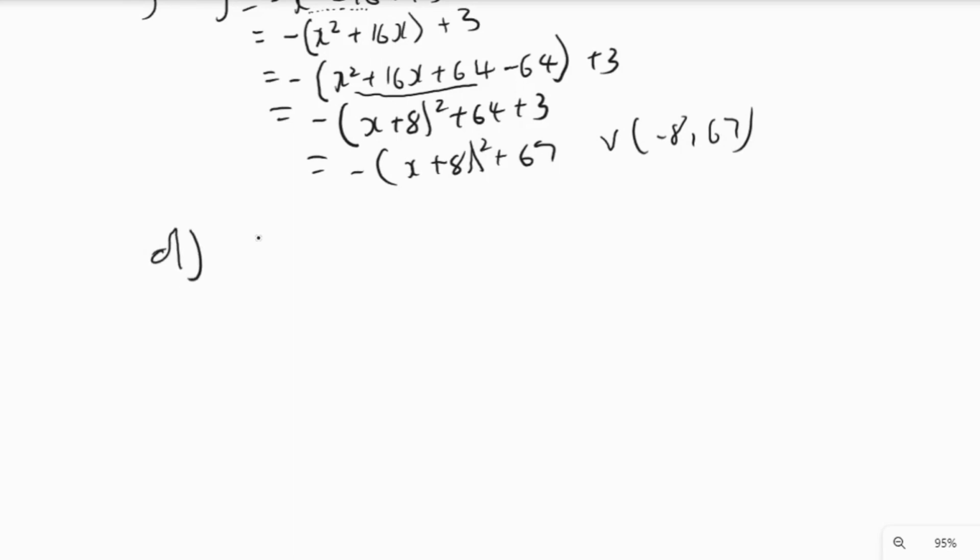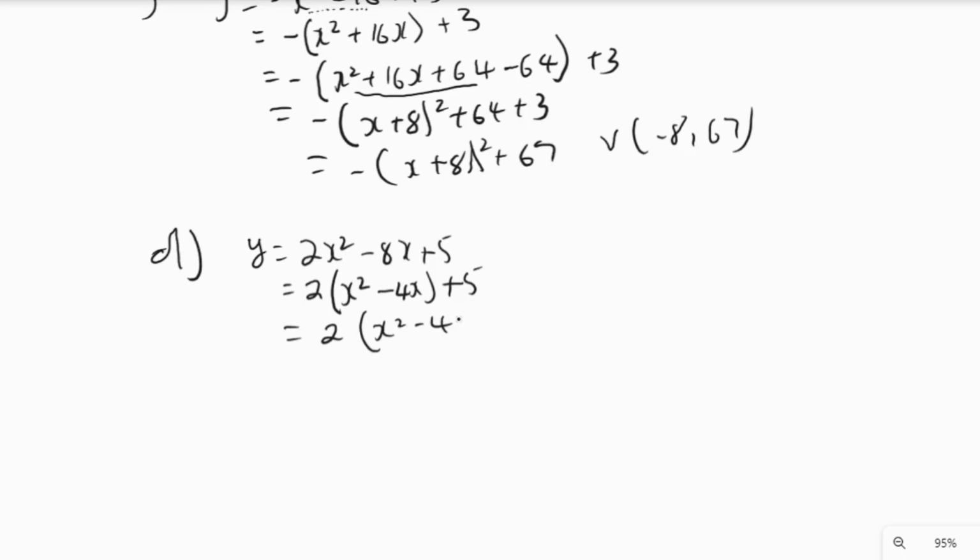D. y equals 2x squared minus 8x plus 5. The coefficient of x squared is not positive 1. Therefore, I have to take the 2 out of the x's. x squared, negative 8 divided by 2 is negative 4x, plus 5, equals 2. This is ready to complete the square. x squared minus 4x.